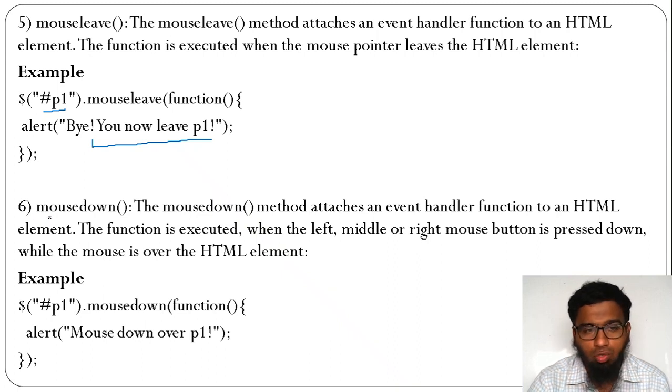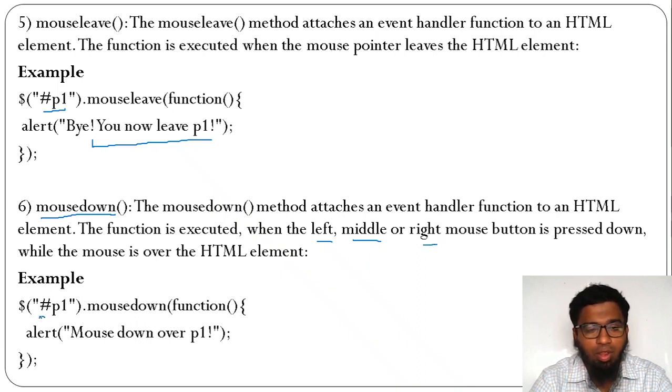Sixth one is mouse down. The mouse down method attaches an event handler function to an HTML element. The function is executed when the left, middle or right mouse button is pressed. A mouse has three buttons: left, middle, right.